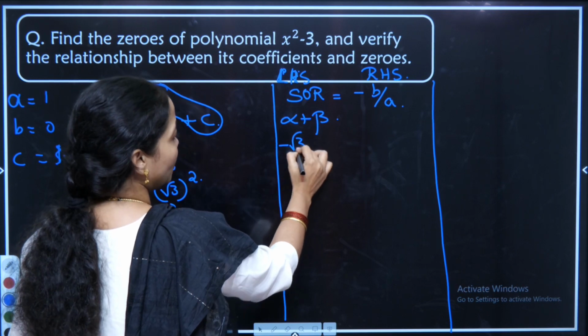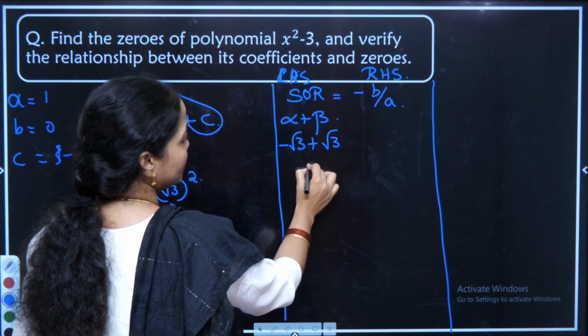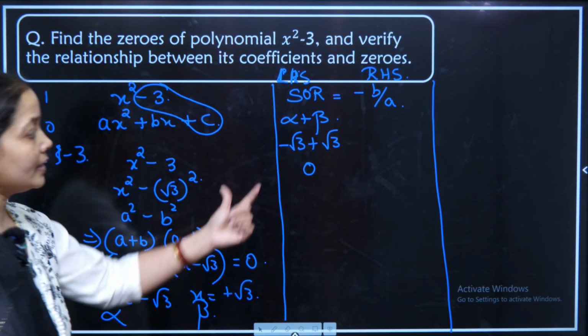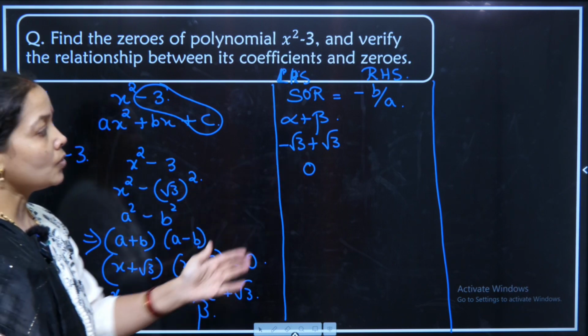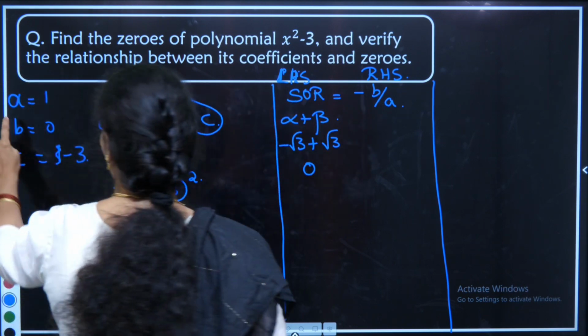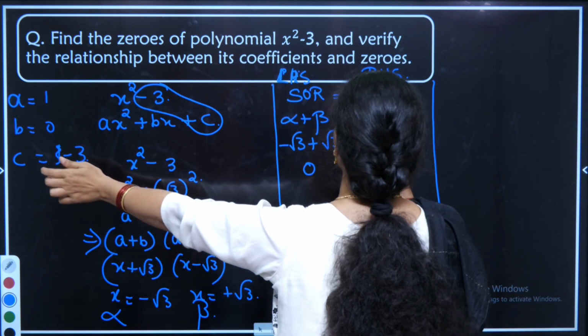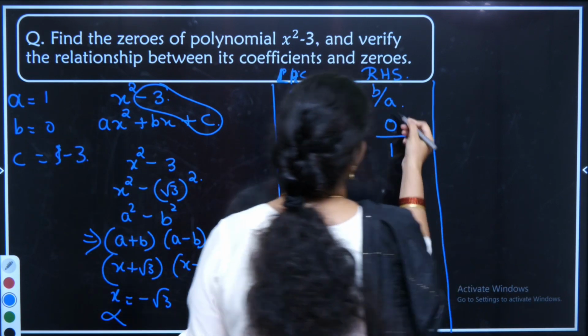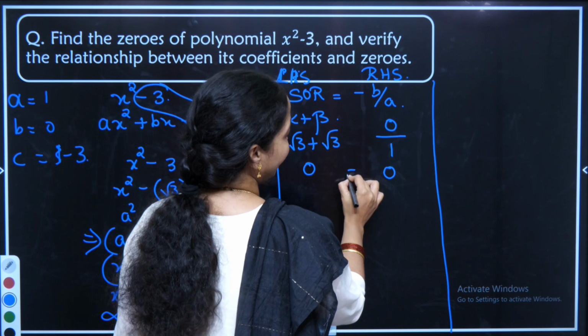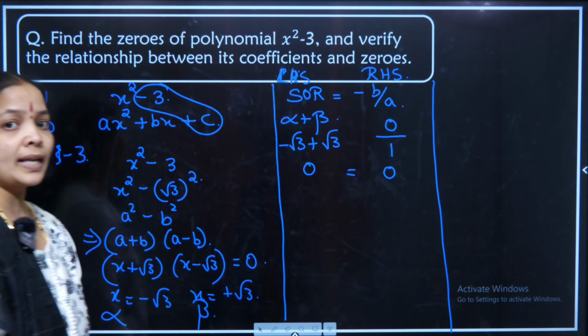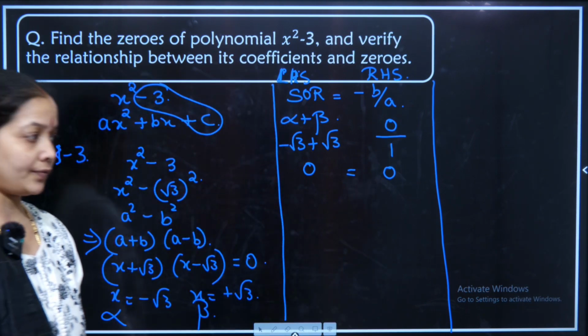Minus root 3. What is beta? Plus root 3. Both get cancelled, so I get the sum of roots as 0. Going to the RHS, from the equation I have written the a, b, c values in this corner. What is b? It is 0. By a, which is 1. 0 by 1 is again 0. So my LHS is equal to RHS. Hence the sum of roots is verified.